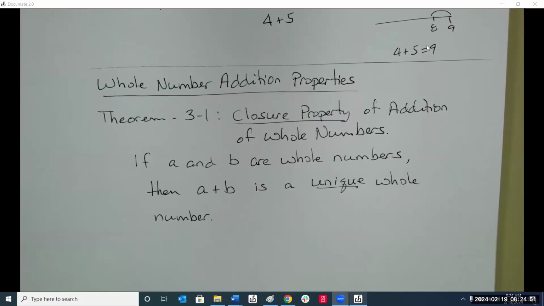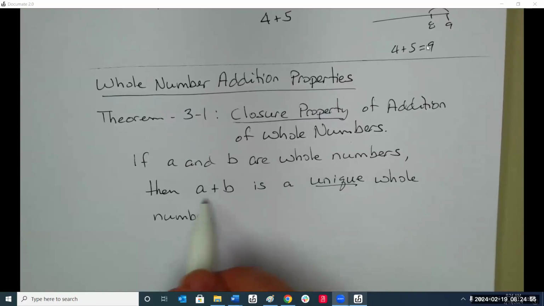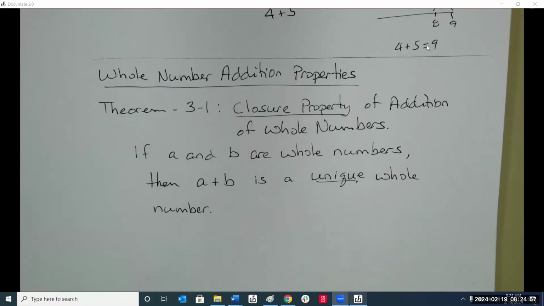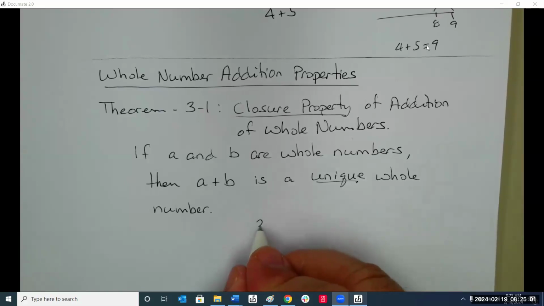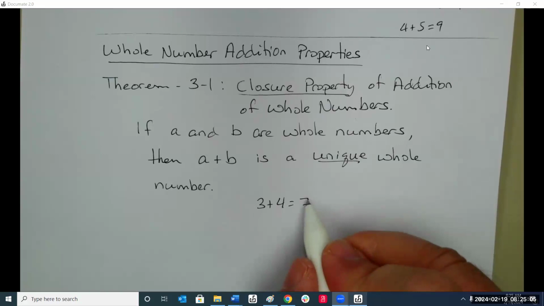All right, what that says is it's unique because when you add two numbers together, it can't equal two separate numbers. 3 plus 4 equals 7, and only 7. It's unique.